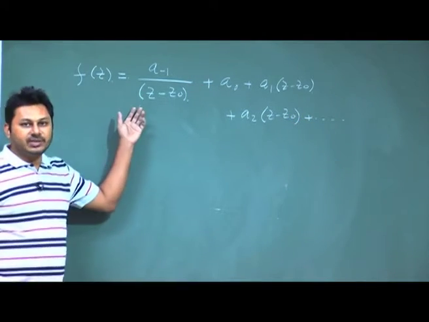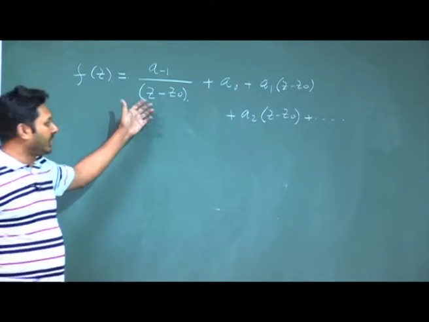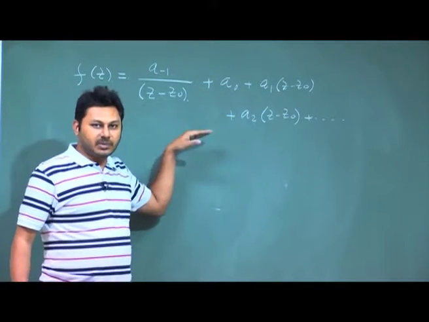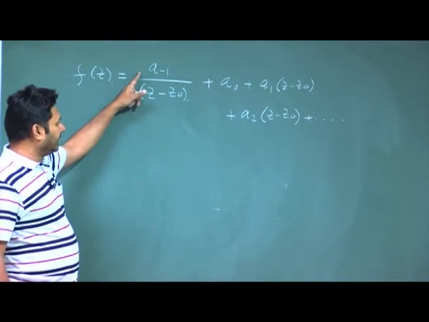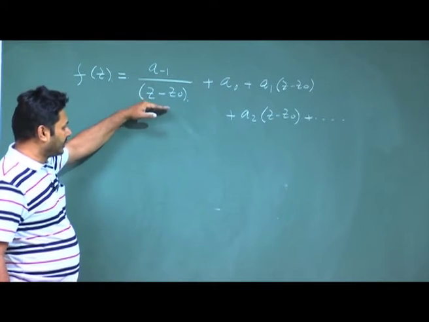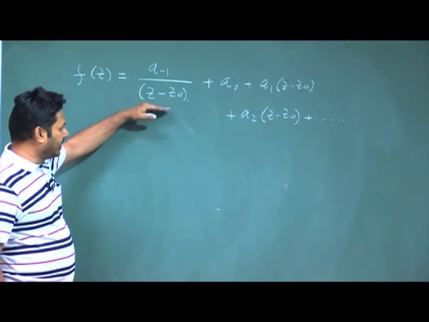The next question is how to calculate this a_{-1} term. I have this expansion, with the a_0 term sitting here. That means the function has some singularity at z equal to z0, and this is a simple pole.